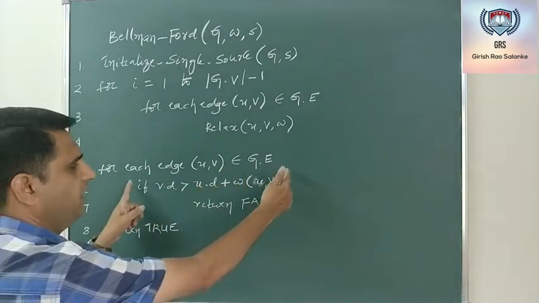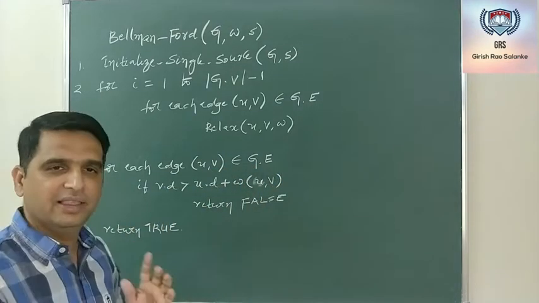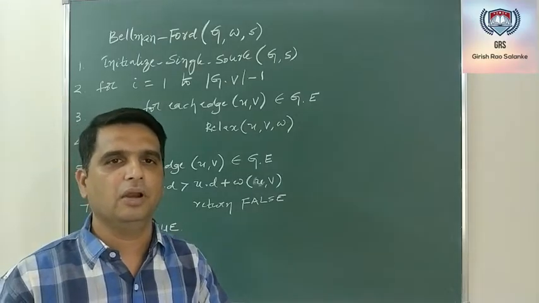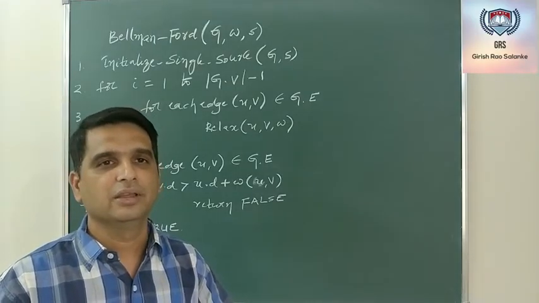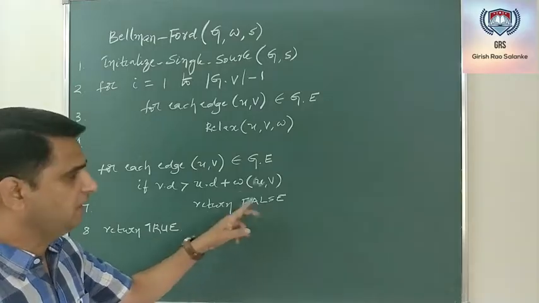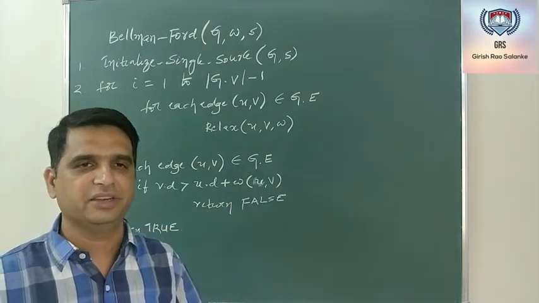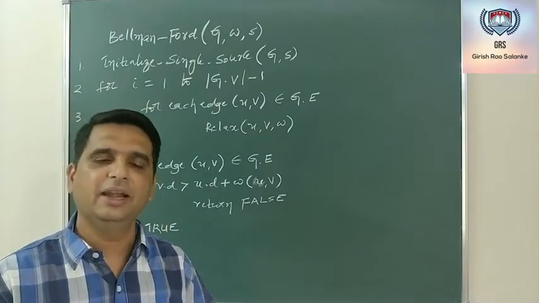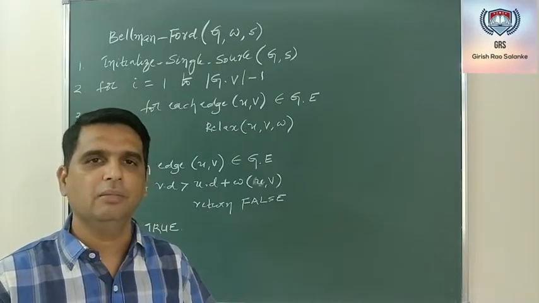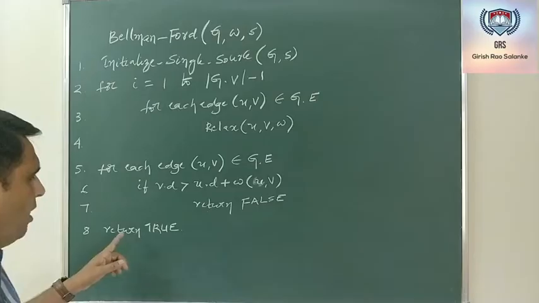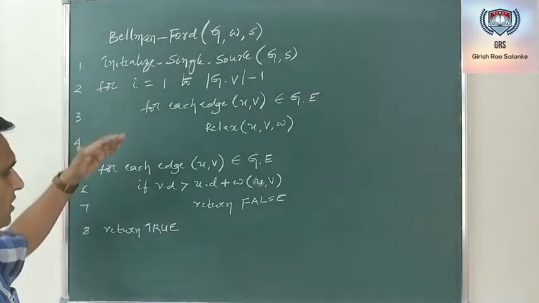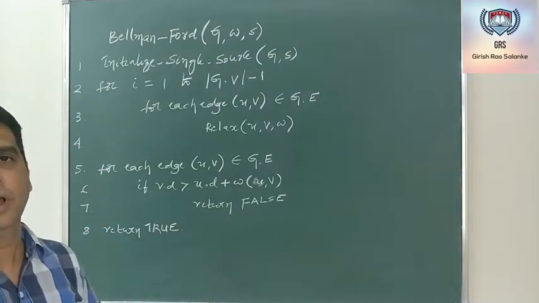If there is any update, then it implies that the Bellman-Ford algorithm does not work, so I am returning false. If, even after doing an additional relaxation, there is no update, then it implies that the Bellman-Ford algorithm is absolutely fine. At the end, I am returning true. So this is about the Bellman-Ford algorithm.